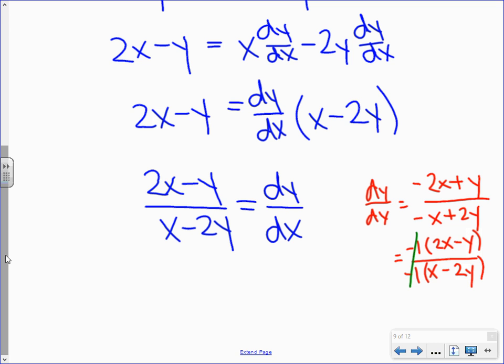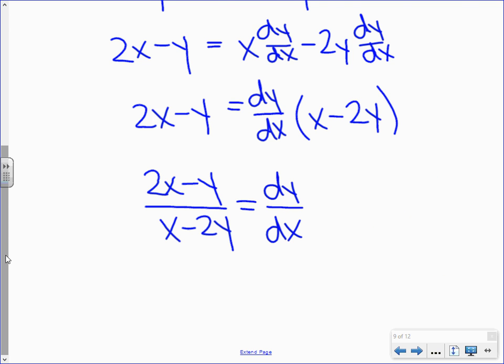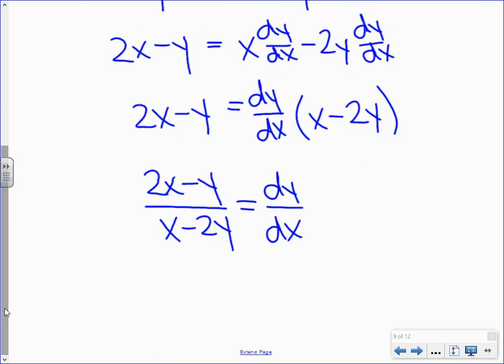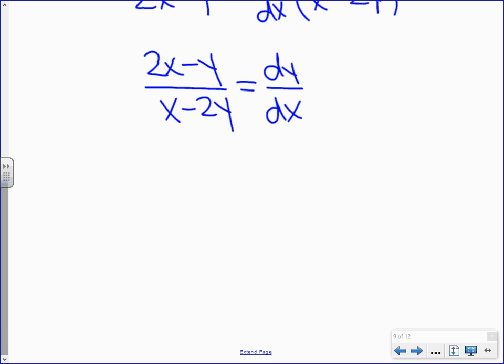All right. Now, thank you for doing that, Cole. I appreciate it. We were actually looking for the slope at -1, 2. So we're going to take our derivative and evaluate it at -1, 2.